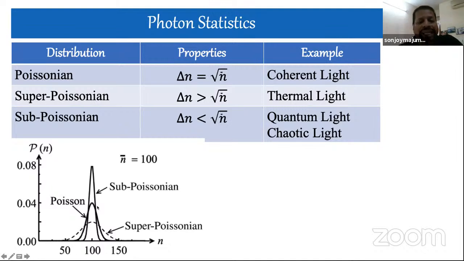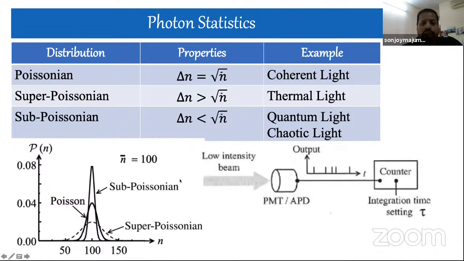Now, when you want to detect whether these distributions are really true or not, how do you start the approach? Let's say we are going for the sub-Poissonian case. For this kind of distribution, we have to count the number of photons, and for counting photons it is wise to use a low intensity beam.